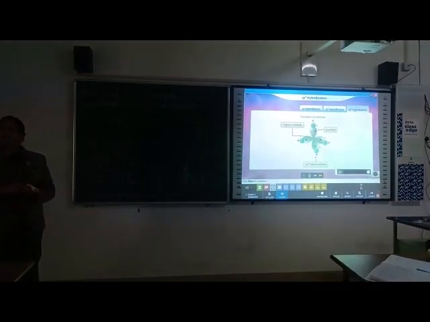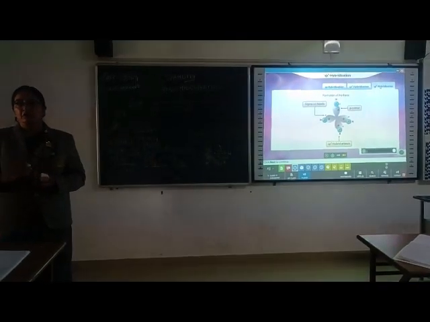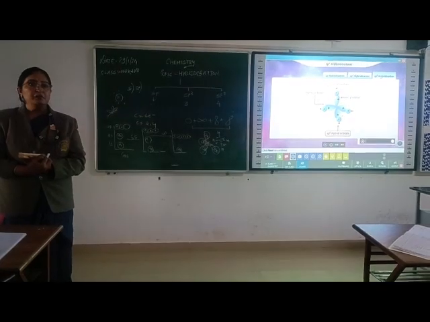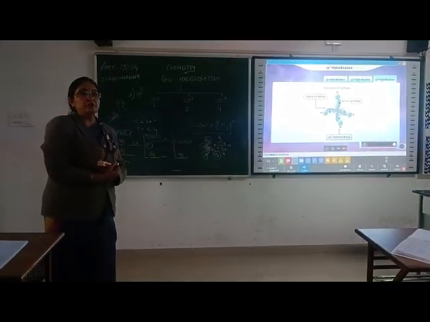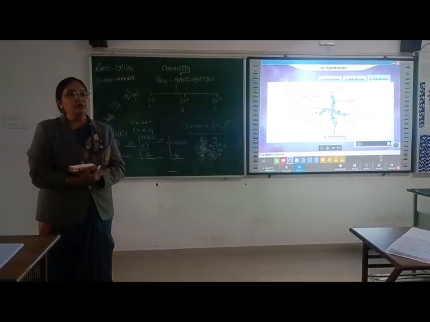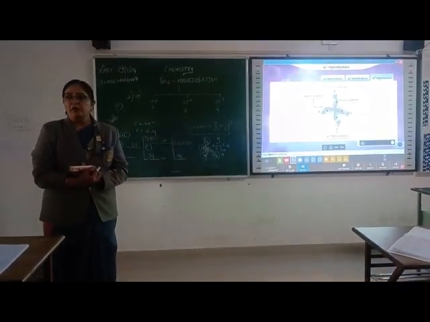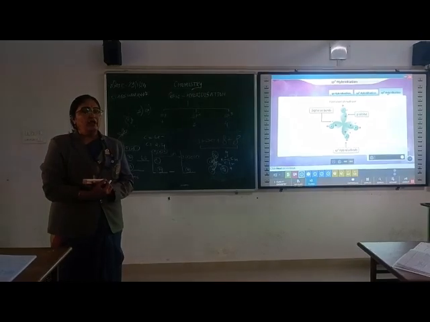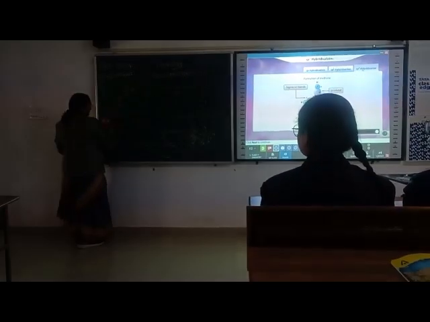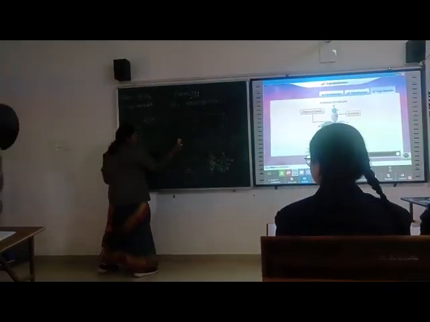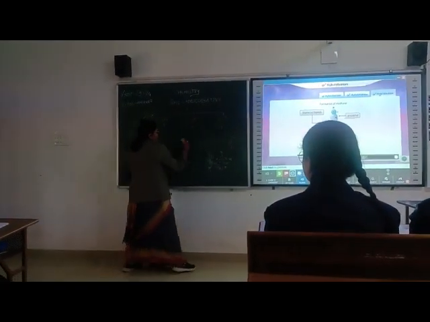Show all three types of hybridization: sp, sp2 and sp3. When a single bond is present between two carbons, then hybridization is sp3. When double bond, sp2. And when triple bond, sp hybridization. So I have to explain this because here generally students make mistakes.